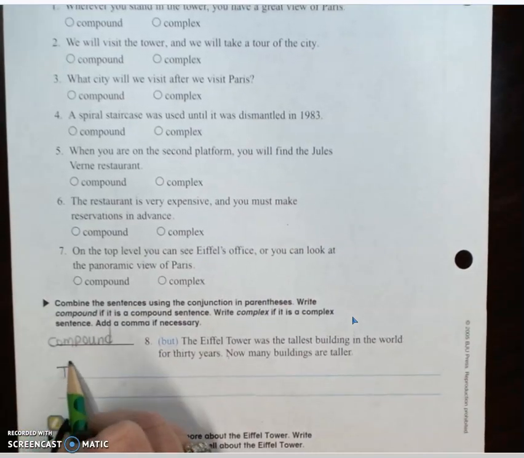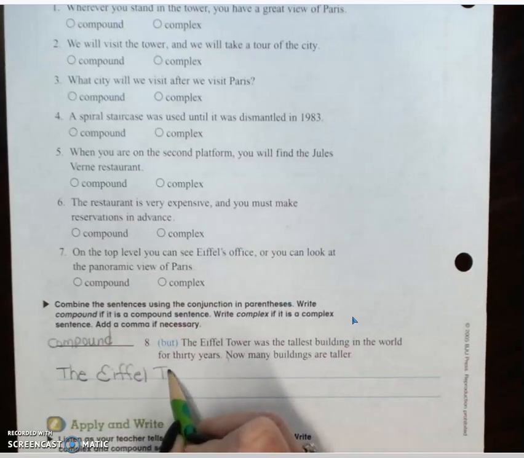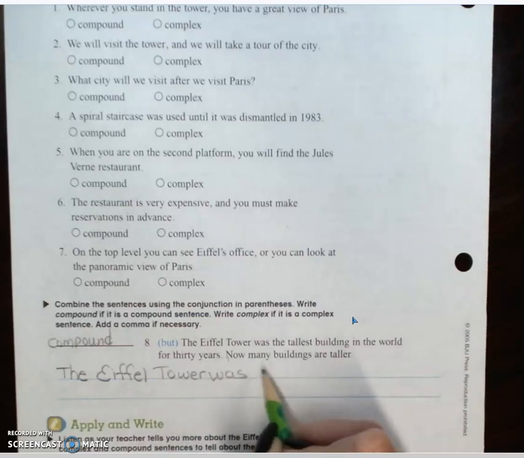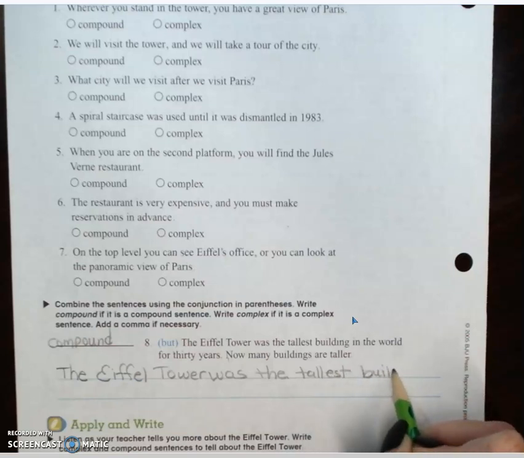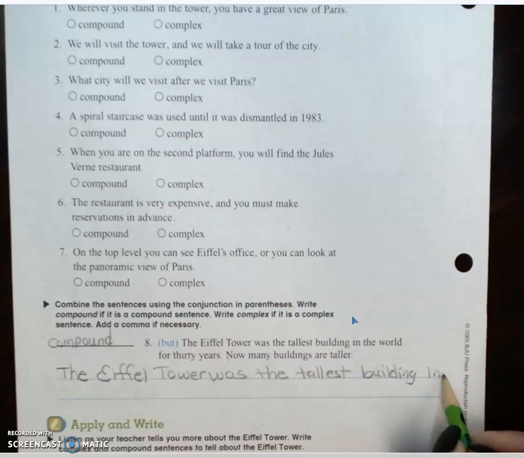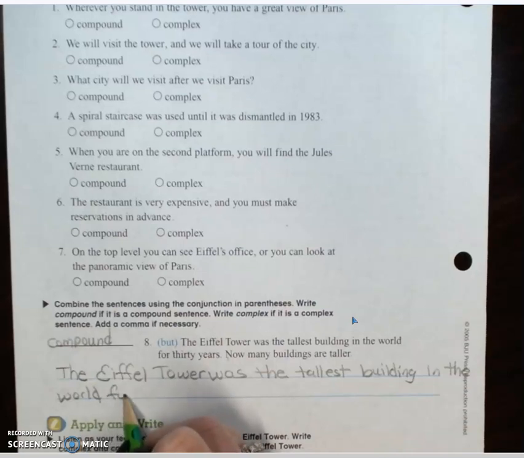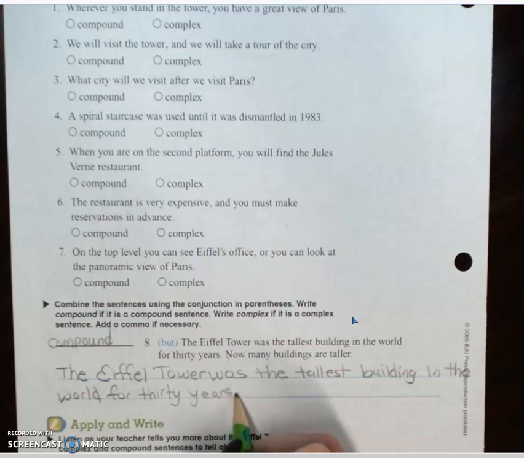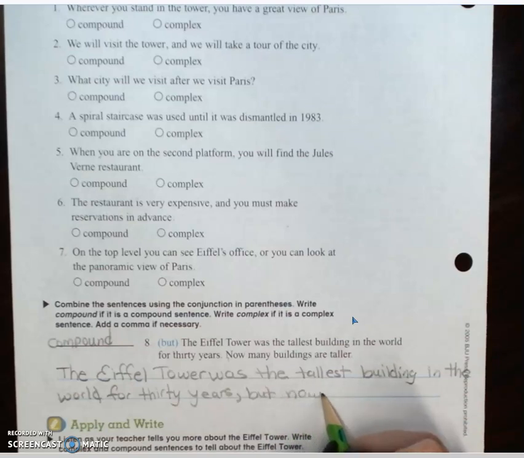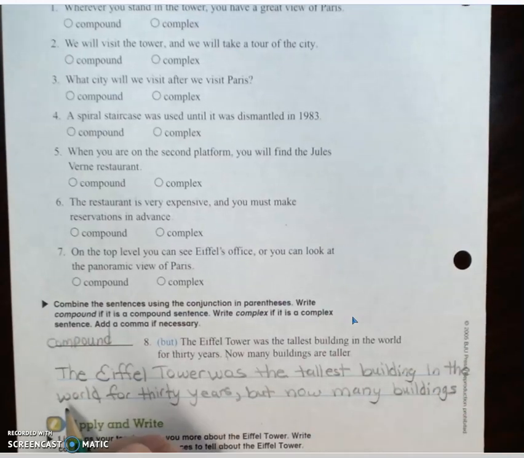Okay, so we're going to squeeze those together, as I like to refer to that. So it says the Eiffel Tower. Make sure you capitalize Eiffel Tower. It's a proper noun. Was the tallest building in the world for 30 years, comma, but now many buildings are taller.